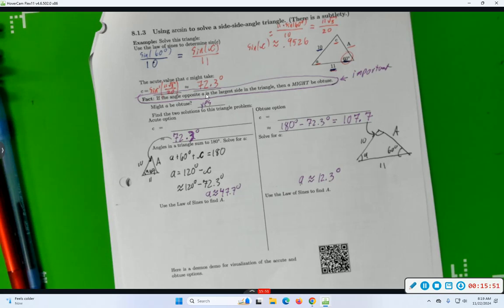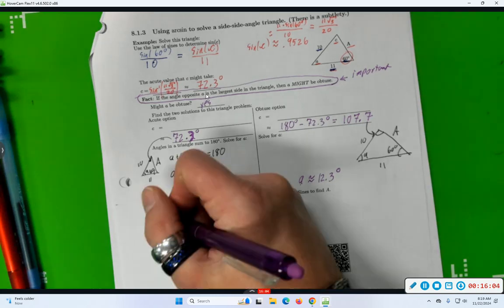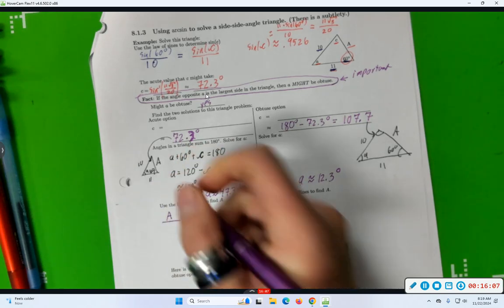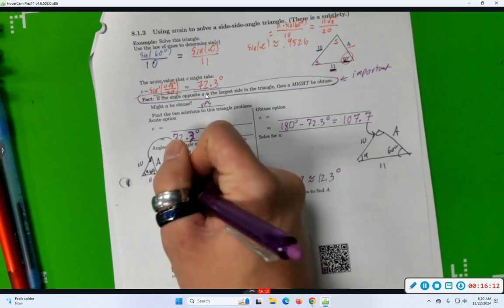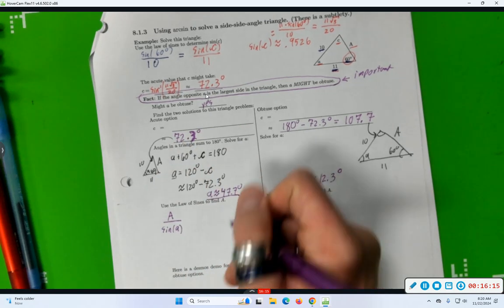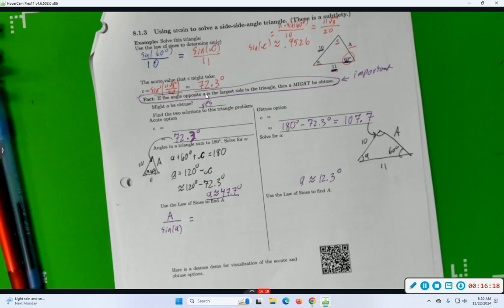We still need the side length big A. What's the strategy we should use to find big A? Yeah, I know the thing to use is law of sines, right? So the thing I would like to know is big A. I'll use the version of law of sines that has the sides on top: A divided by the sine of little a, and I know what little a is, is equal to... Now I need to pick a pair consisting of a side and an angle opposite that I know. Which pair should I use? 10 and sine 60 seems to make sense.